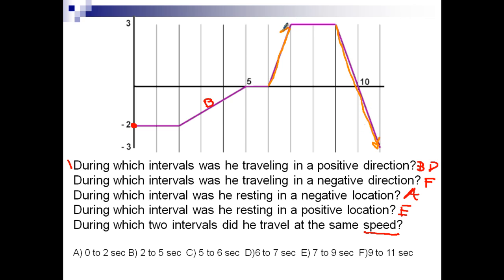But we're worried about speed. And in physics, negative just means a direction. It doesn't mean negative like you would think in math class. So technically, these two have the same speed. Just one's a positive velocity and one's a negative velocity. That's the difference, because they have the same slope. So during interval D and F.